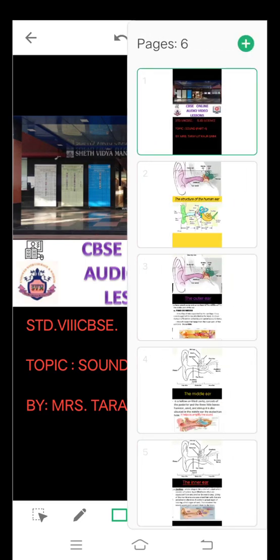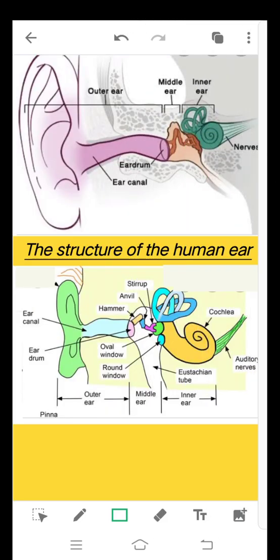We all know that the organ which is used to hear sound is the ear. So today we'll study the structure of the human ear, different parts present in the human ear which help us to hear sound. So basically the human ear is divided into three parts: the outer ear, the middle ear and the inner ear.